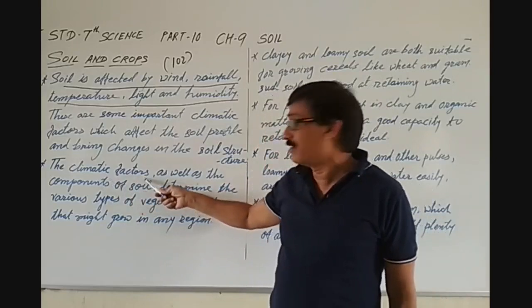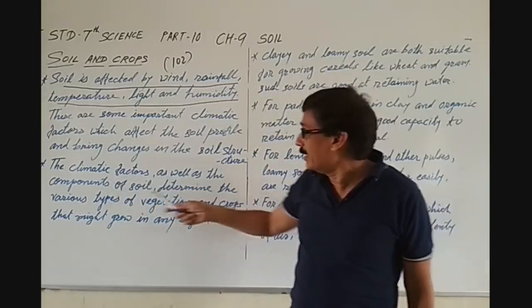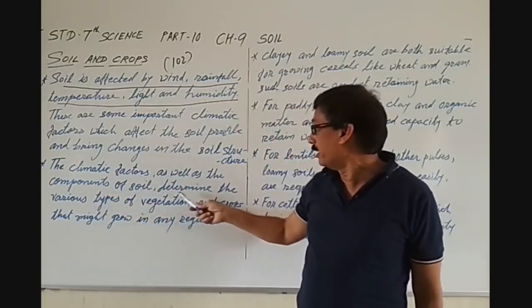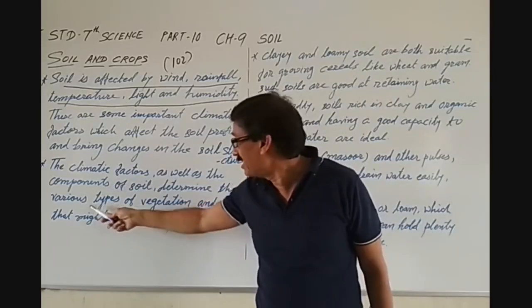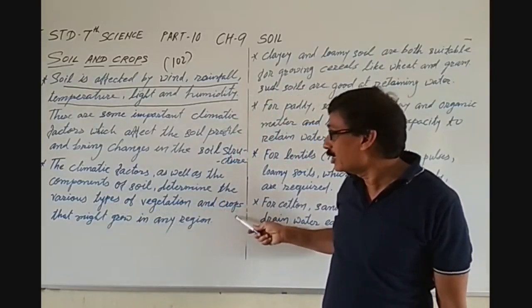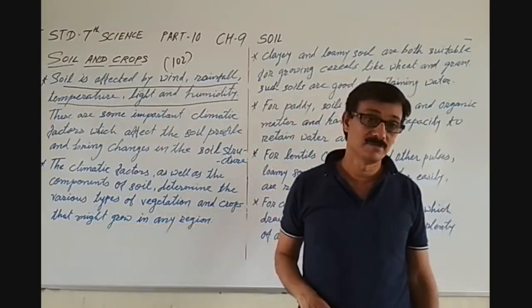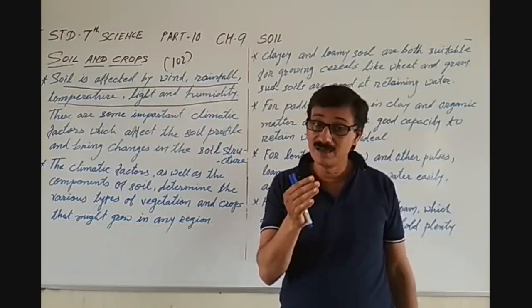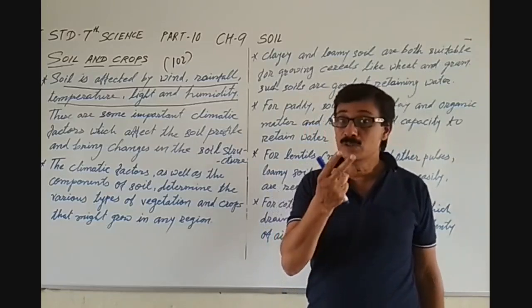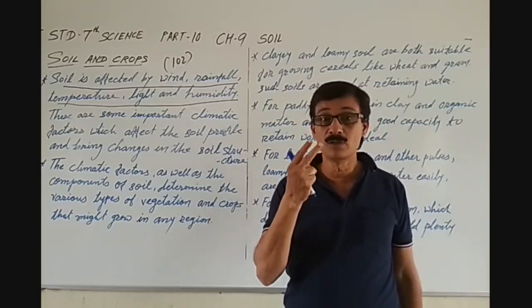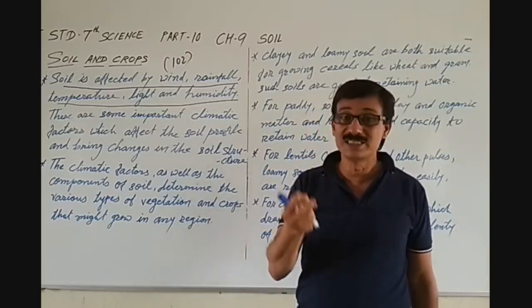The climatic factors as well as the components of soil determine the various types of vegetation and crops that might grow in any region. That's what I told you earlier. Two things have a big effect on the crops as well as vegetation.